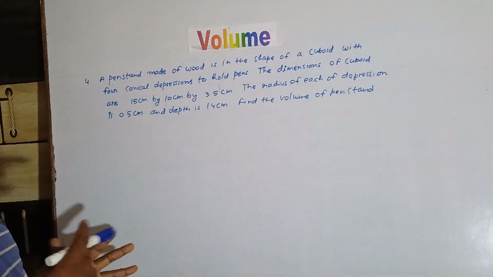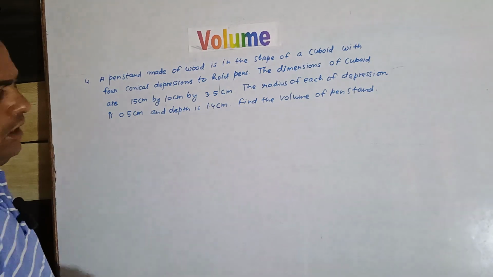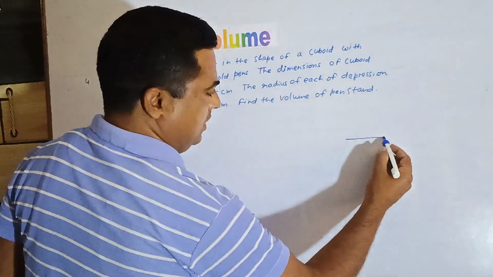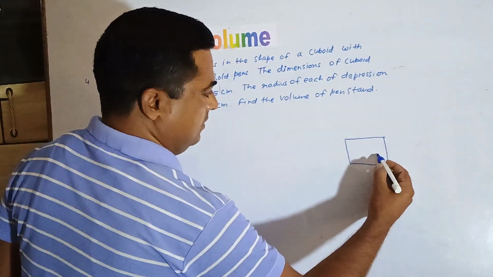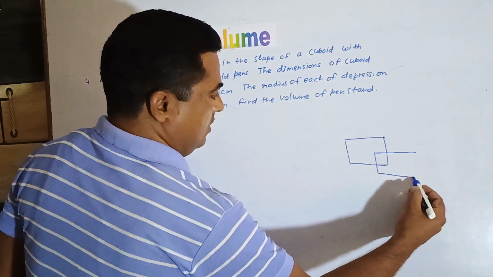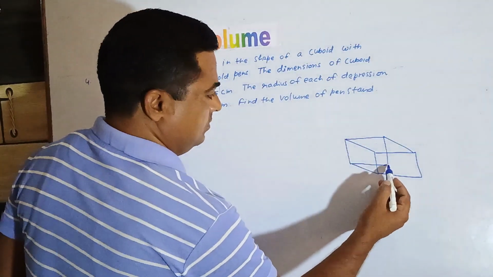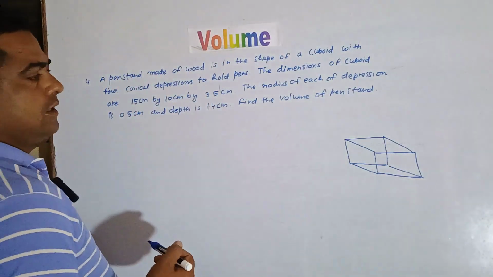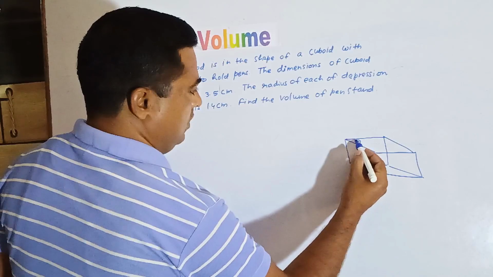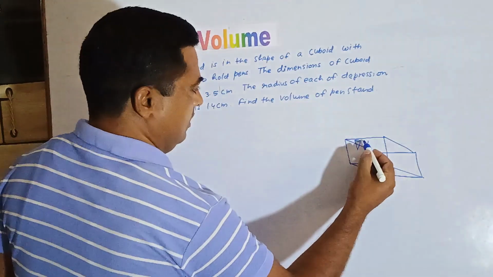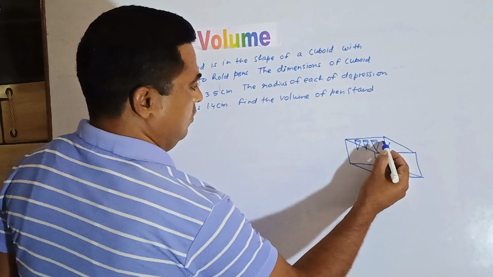Okay, so we are making a figure from this given data. How will we make it? We have a pen stand in cuboid shape, and there are four conical depressions. We are making four conical depressions for holding pens: 1, 2, 3 and 4.